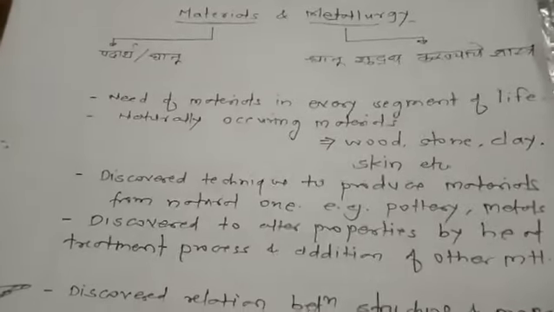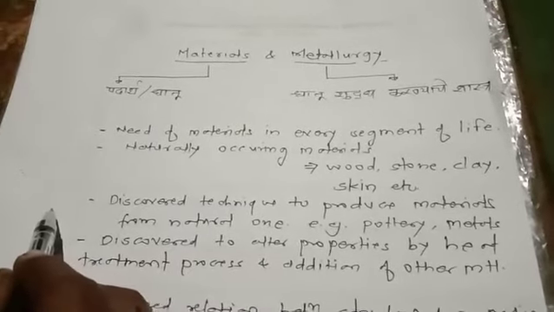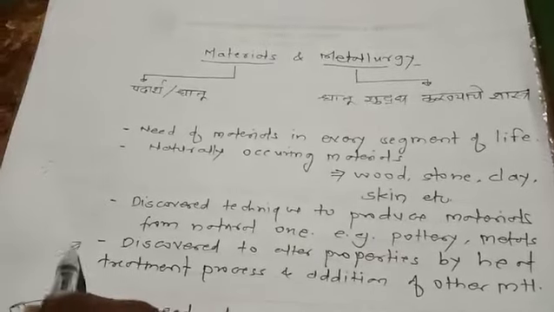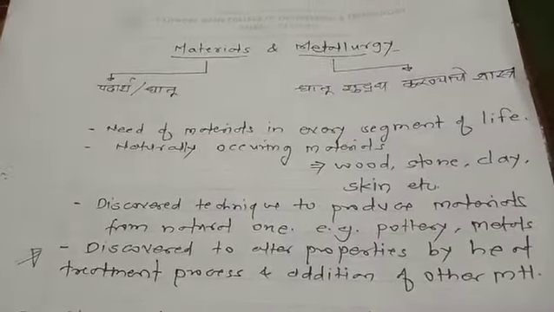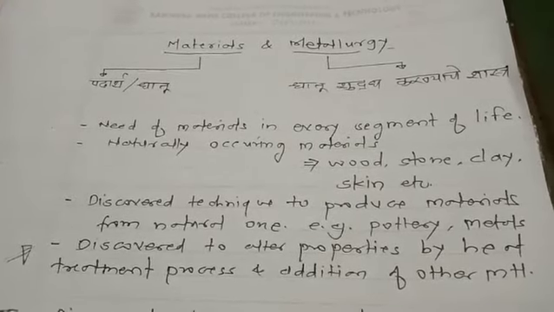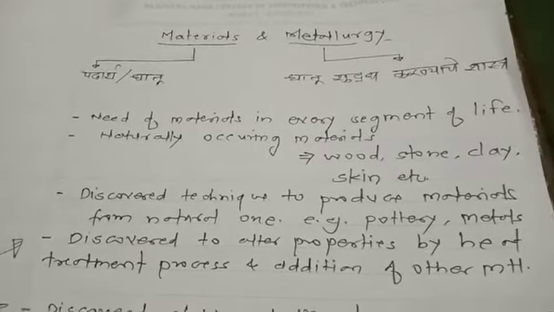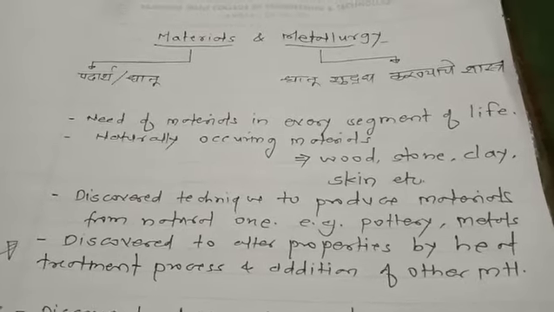Then the third important part is this one. Science found out how to alter the properties of any material by a heat treatment process. That is a very important part, right?